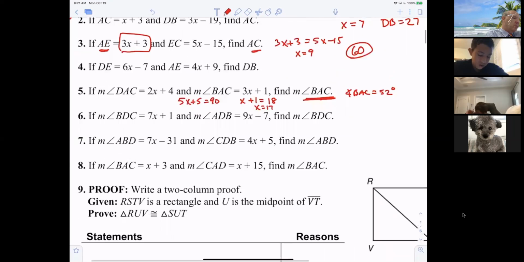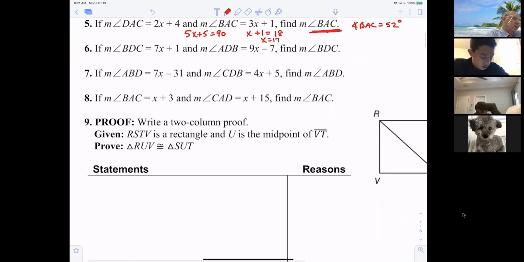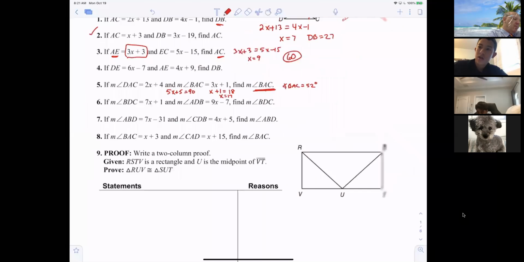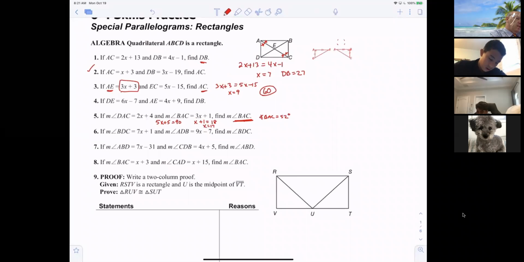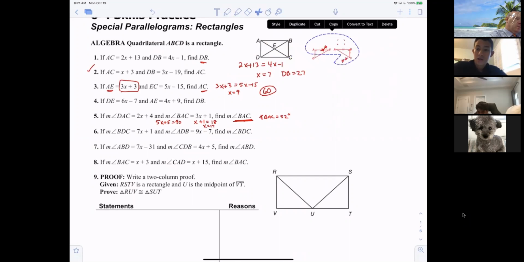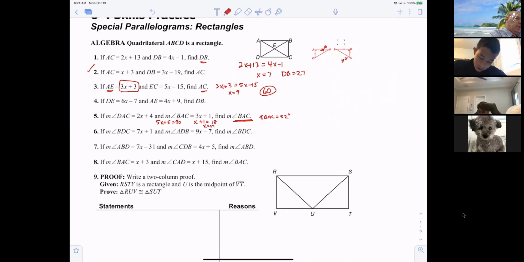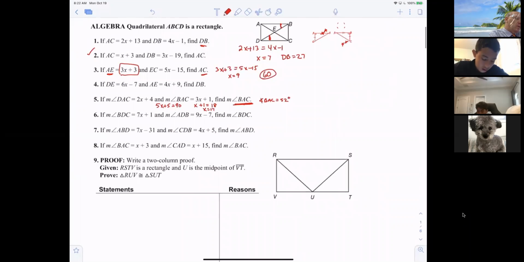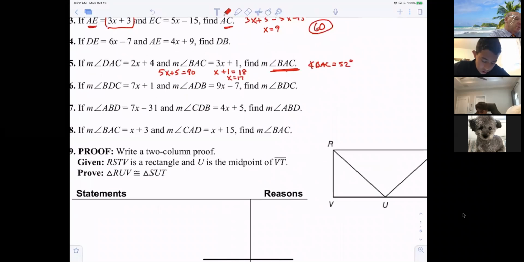All right, let's try number 7. Let's look at ABD. ABD is this angle right here. And CDB. Oh, thank you. What was that, Sam? They are equal because they are alternate interior angles. All right.